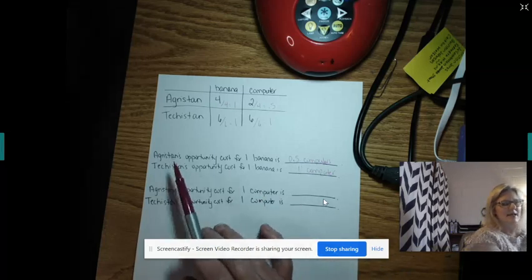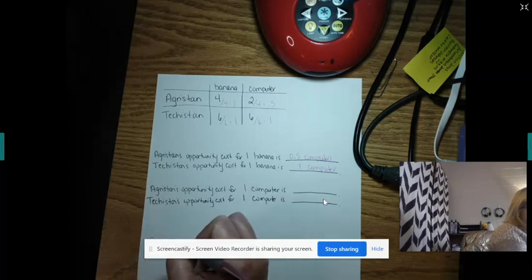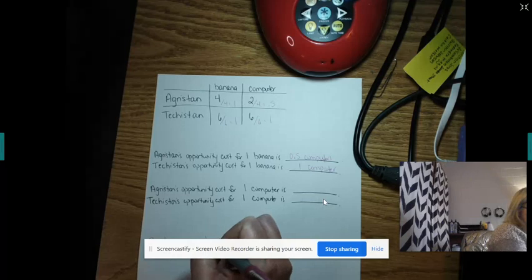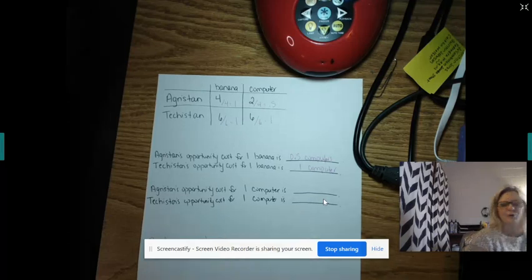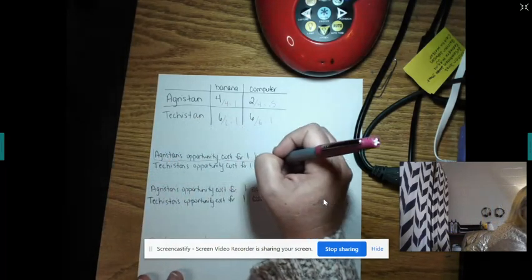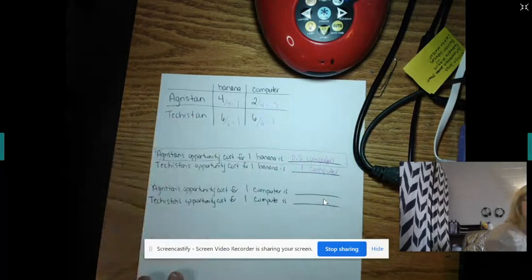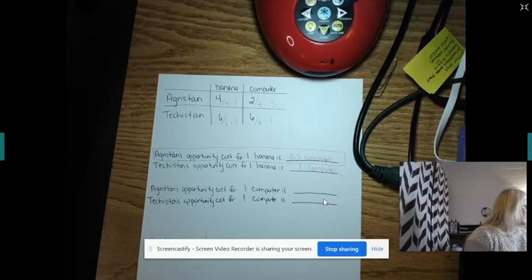So Agristan has comparative advantage in bananas, which means they should produce the bananas. So Agristan should make all bananas and Tekistan should make all computers. So we're going to circle this to show that Agristan should be able to make the bananas, right?